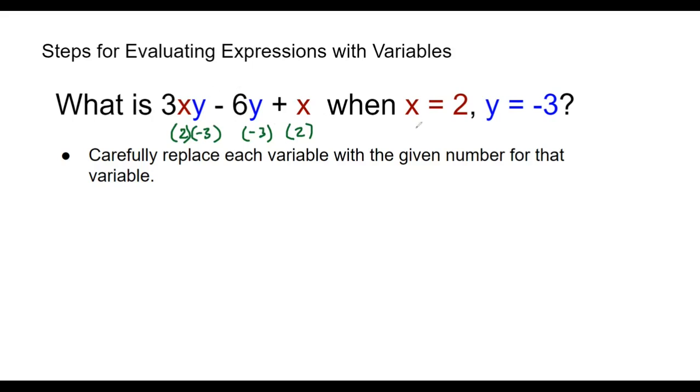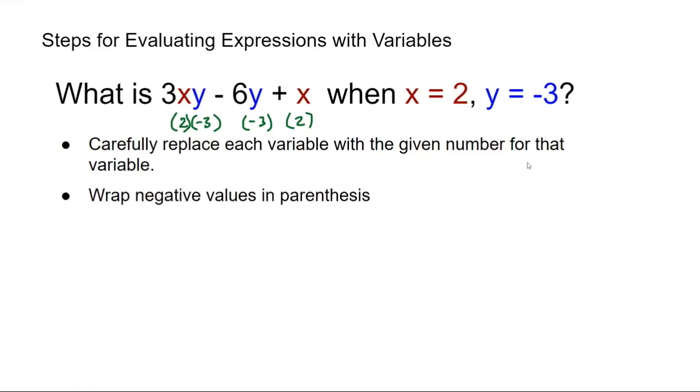We could rewrite this whole thing, and we'll go through some examples of doing that in a moment. I suggest wrapping the negative values in parentheses. Actually, wrapping all of the substituted values with parentheses is a good idea. It just helps keep track of those substitutions and avoid mistakes. After that, you want to follow your order of operations rules.